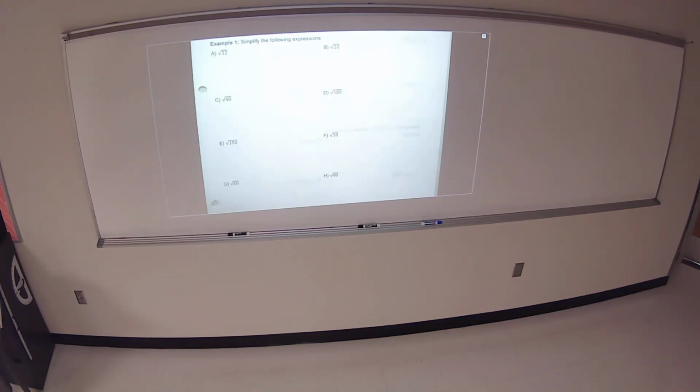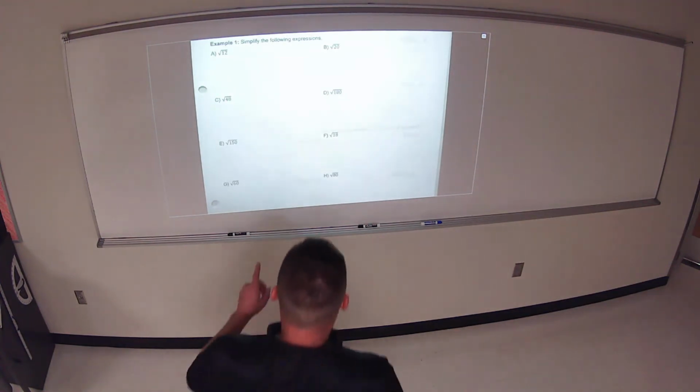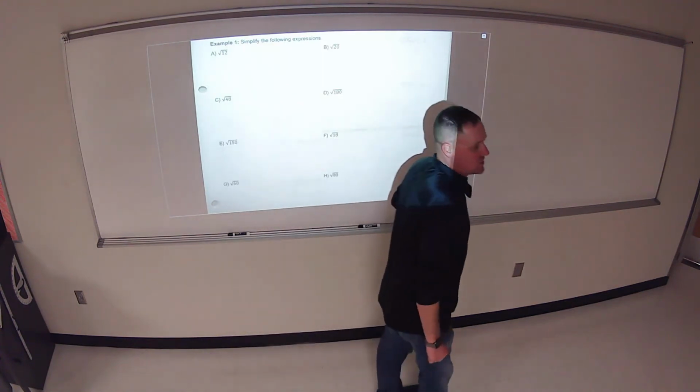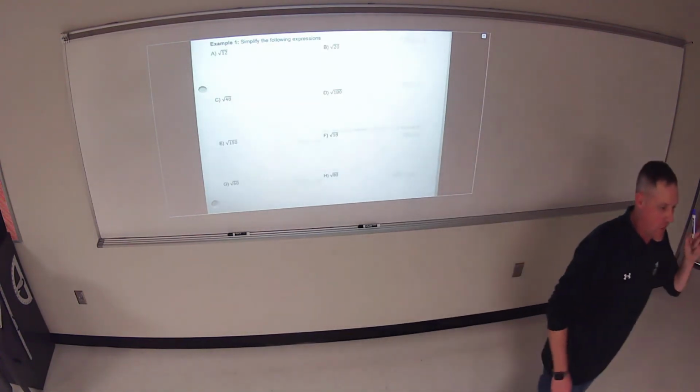Our notes yesterday, which is why I told you to have that out, right? So if you don't know your perfect squares list, then you need to have your 9.1 notes out, because we have the first 12 perfect squares written out there. So if you need to undo it from your 3-ring binder so you're not flipping back and forth, that's what you need to be able to do. Okay? So we're looking for no perfect square factors other than 1.